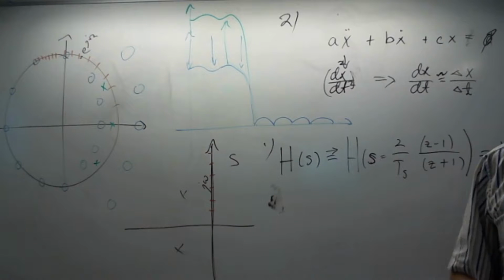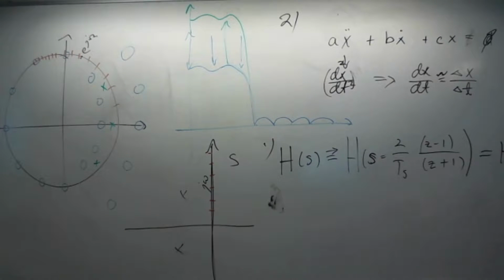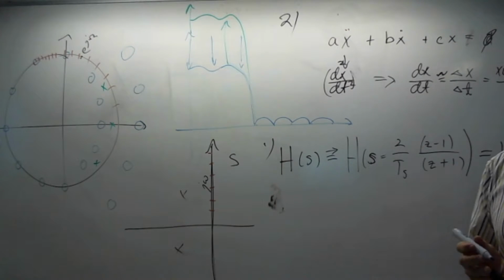So it's simple sampling without any worries about the consequences. And delta x is just x[n] minus x[n minus 1], just the difference between two subsequent numbers, divided by Ts, the sampling time.